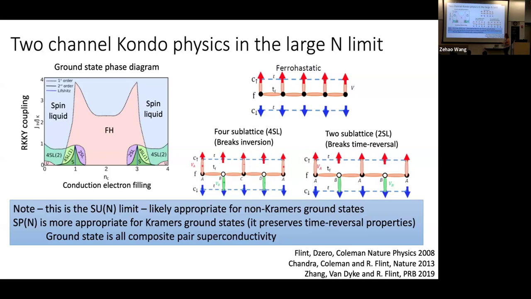And so as you take N to infinity, you could either go SU(N) or SP(N), which is generally a subgroup of SU(N) that has a well-defined time reversal symmetry. And so that works better if you're trying to describe superconductivity. And if you pick that limit, you get only composite pairing. If you pick SU(N), you get only static orders. And so the large N limit doesn't really tell you much about which one is gonna win.